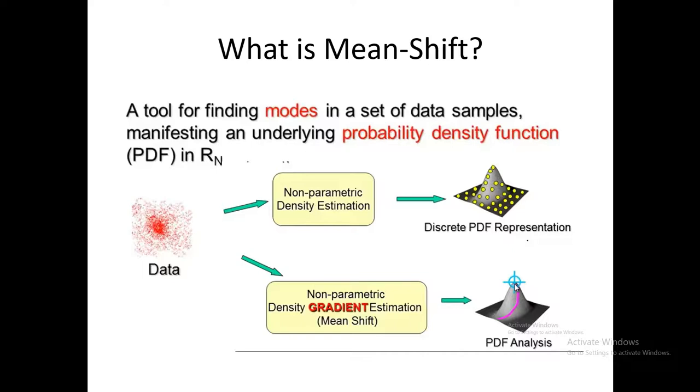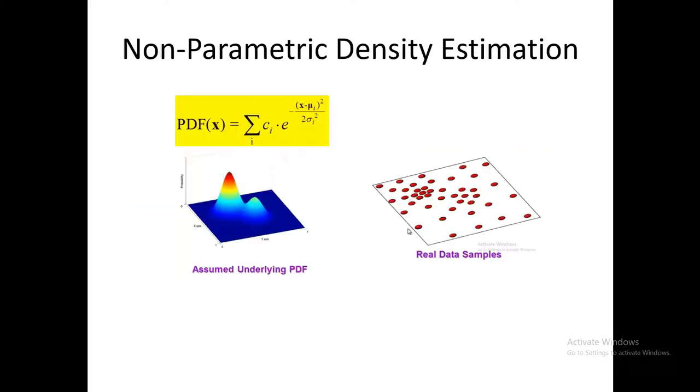And like we can see here, we have this data which has lots of points in 2D, and the distribution looks like this. We can see the distribution on the left side, which looks like a Gaussian, but we do not know the exact distribution.